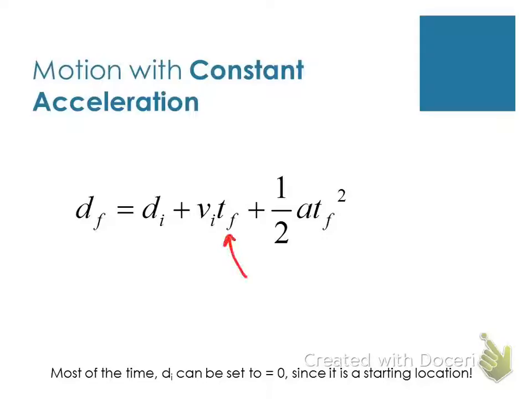And realistically here, are we ever going to have time final and time initial? No, so you don't have to include that F subscript. I did it just because your book does, but I won't ever write that when I am doing my problem. That's how your book shows it, just for your reference, but I don't include that time final because we're not ever going to have initial and final time.